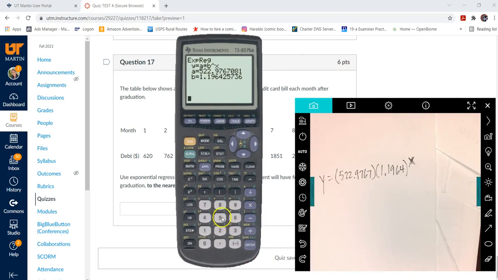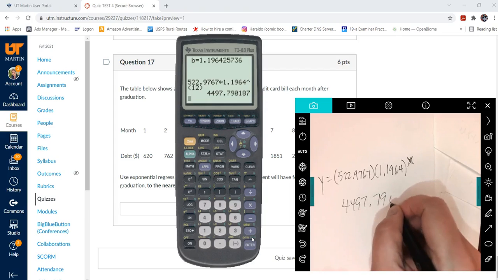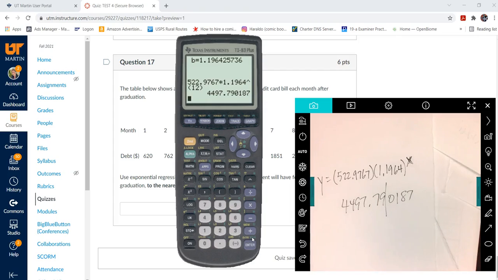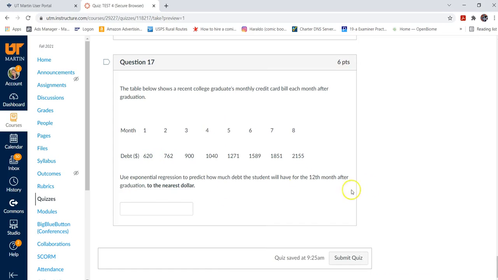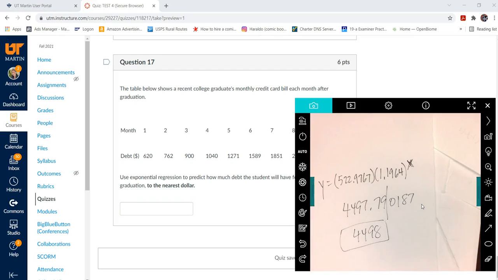So I'm going to have 522.9767 times 1.1964 to the power of 12. And I only round at the very end. So for the 12th month, round to the nearest dollar. If I round that to the nearest dollar, I'm going to get that.